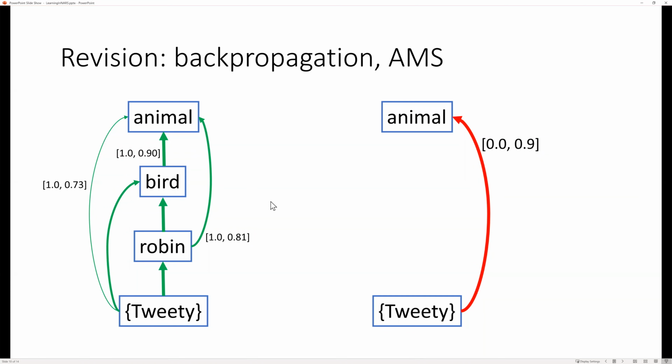You'll see here frequency zero means that this is a piece of pure negative evidence, which basically says that Tweety is not an animal. Let's just use the interpretation for this example. Just say, okay, Tweety is actually a cartoon character, so that it's not an animal in a certain sense.